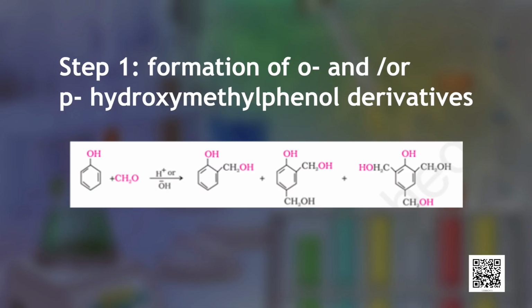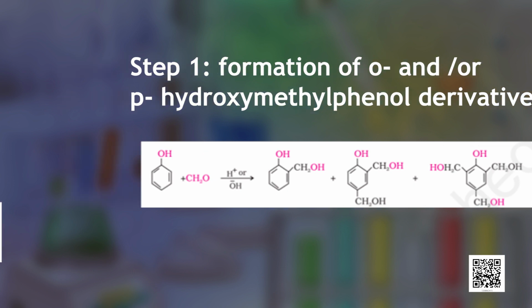This is obtained by the condensation reaction of phenol with formaldehyde in the presence of either an acid or a base catalyst, and it involves 3 major steps. The first step is the reaction starts with the initial formation of ortho and or para hydroxymethylphenol derivatives as shown in the equation.